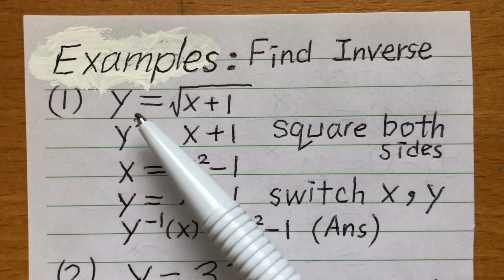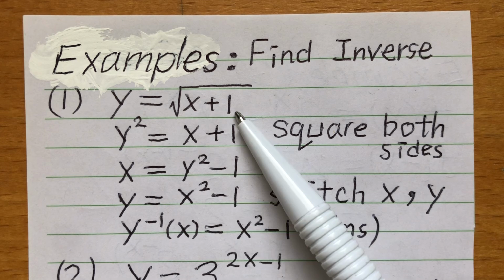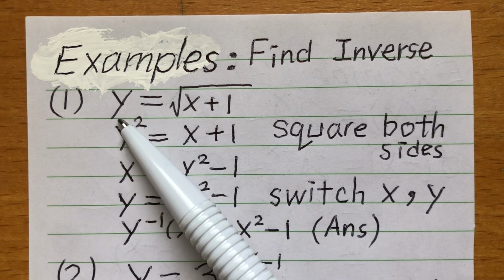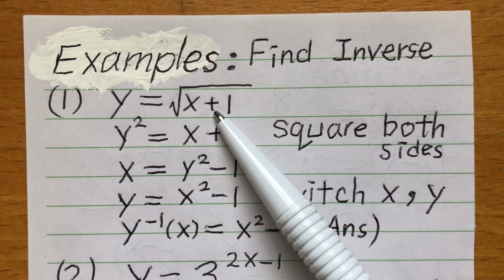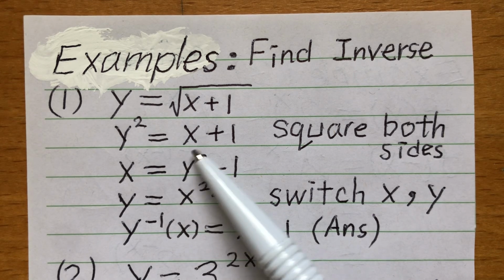The given function is y equals square root of x plus 1. We square the left-hand side and square the right-hand side. I got y squared is equal to x plus 1.